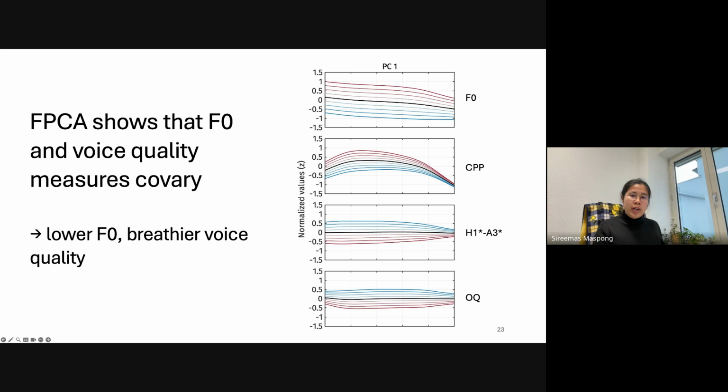When we have lower F0, the signal would also have lower CPP, higher H1 minus A3, and higher open quotient, which points more towards low register. So in other words, FPCA shows that F0 and voice quality covary. Lower F0 corresponds with breathier voice quality.